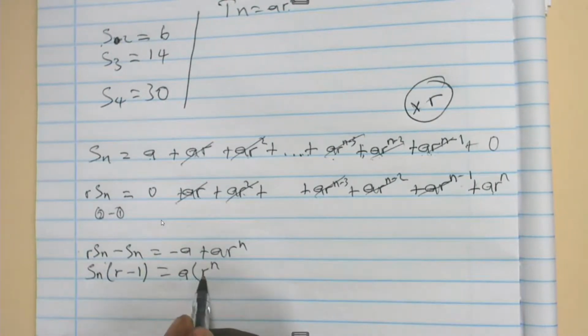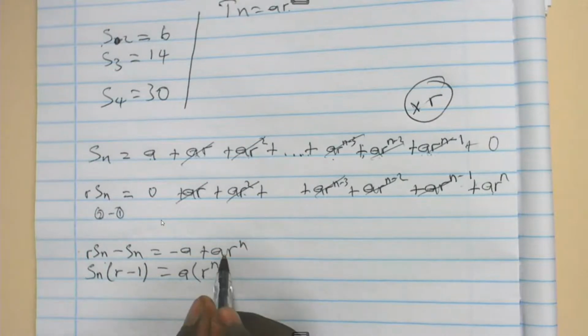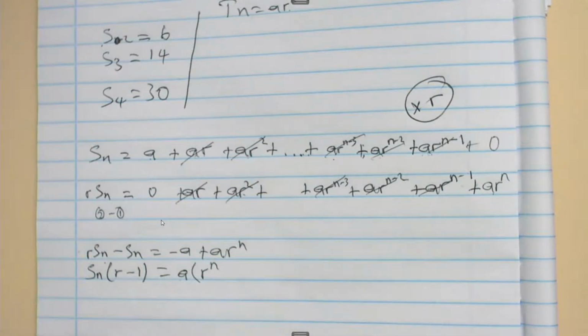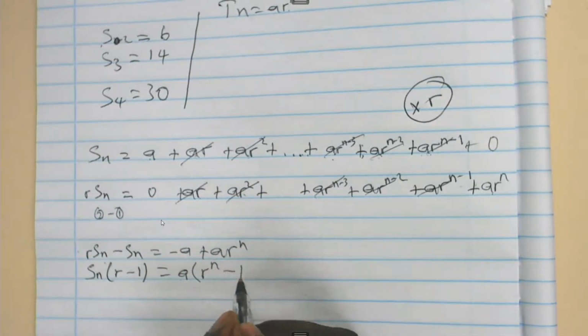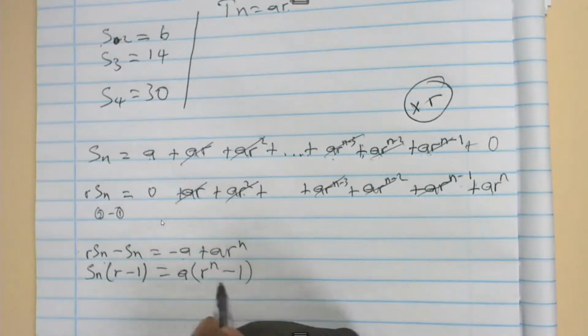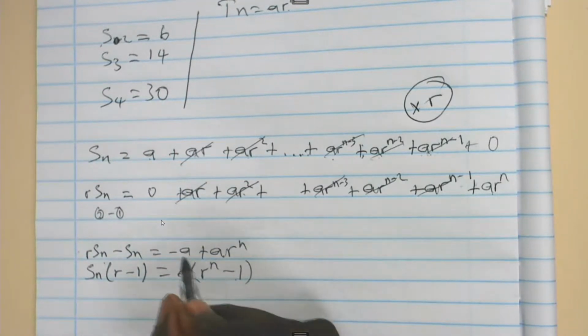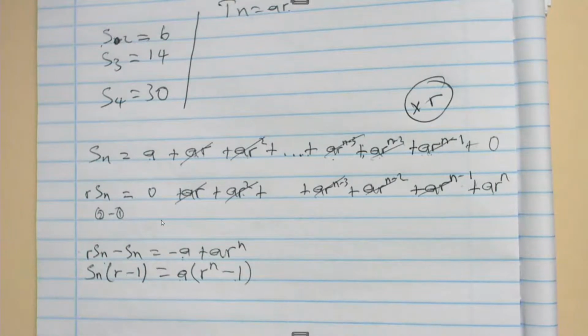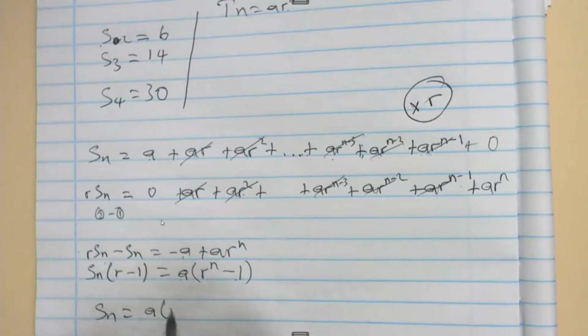A multiplied by r to the power of n gives me positive ar to the power of n, and then minus 1 for that last a there. A multiplied by negative 1 would give me negative a, and then I can divide both sides by r minus 1. Sn is equal to a into r to the power of n minus 1 all over r minus 1.